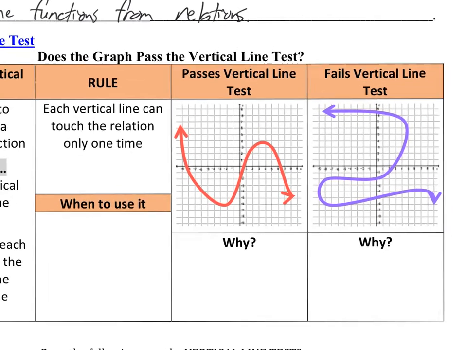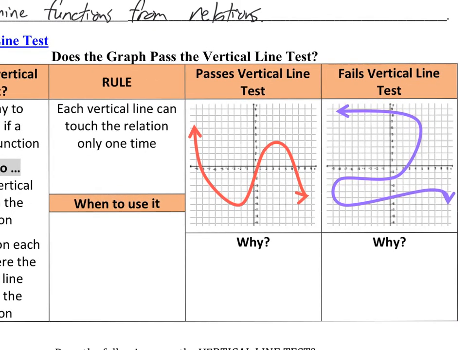Okay, so vertical line test. Thinking about this, let's go ahead and draw some lines. So I'm going to do a line right here, right here, right here, right here, and let's just try out right here.